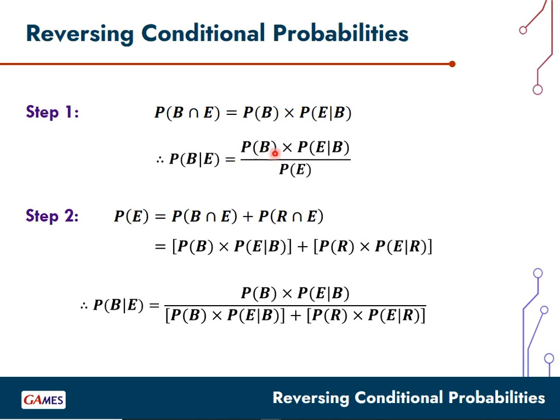So instead of P of B intersect E, we're going to have P of B multiplied by P of E given B at the numerator.